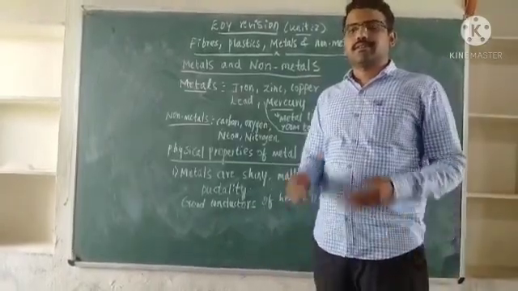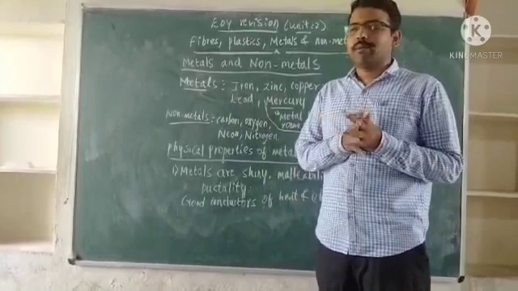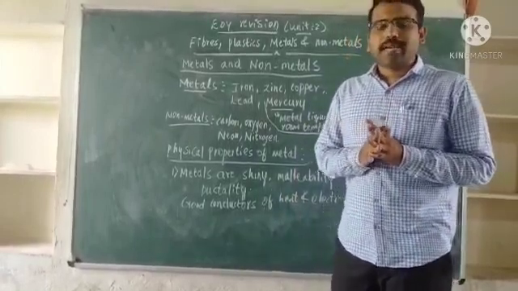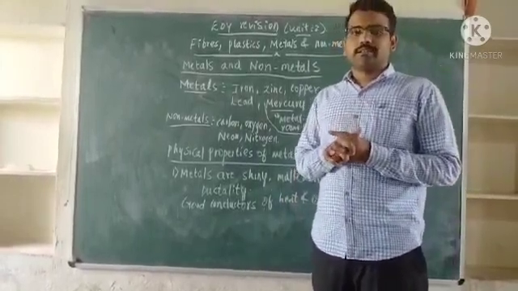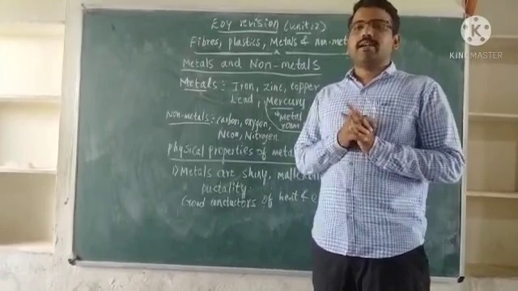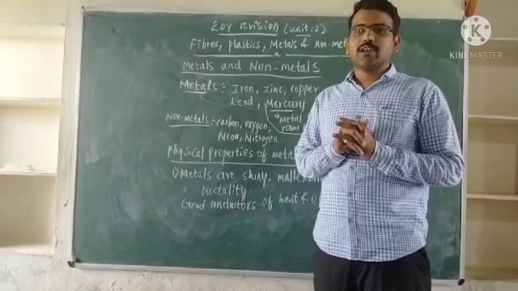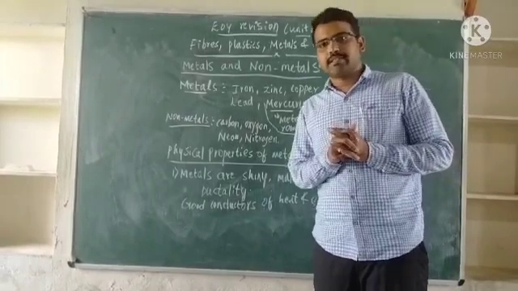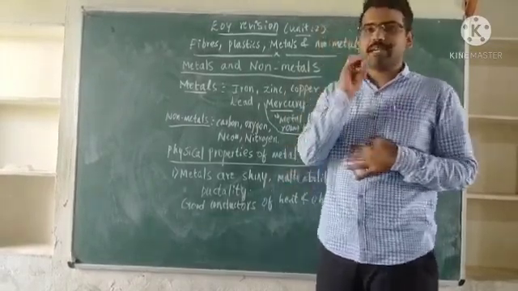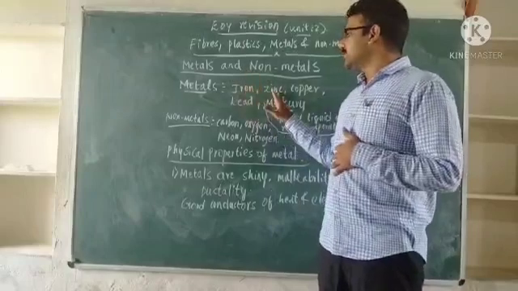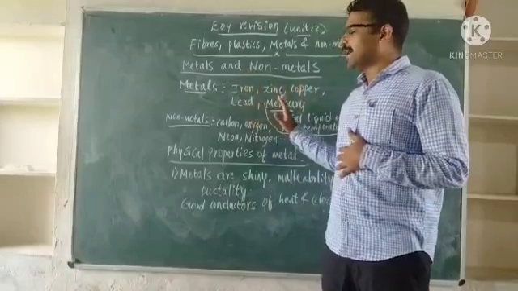Next we are going to learn about metals and non-metals. Metals and non-metals are abundant in nature. Almost all solids are metals. Some examples of metals are iron, zinc, copper, lead and mercury.